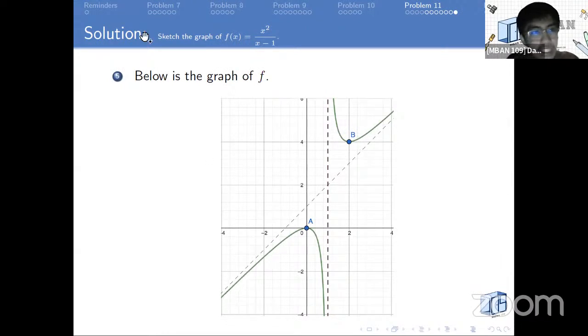So ito, banda rito, concave down, tas concave down pa din, tas ito yung vertical asymptote mo, ito yung oblique asymptote mo, tas ito yung intercept mo, tas ito concave up, concave up. So yun, that's it.